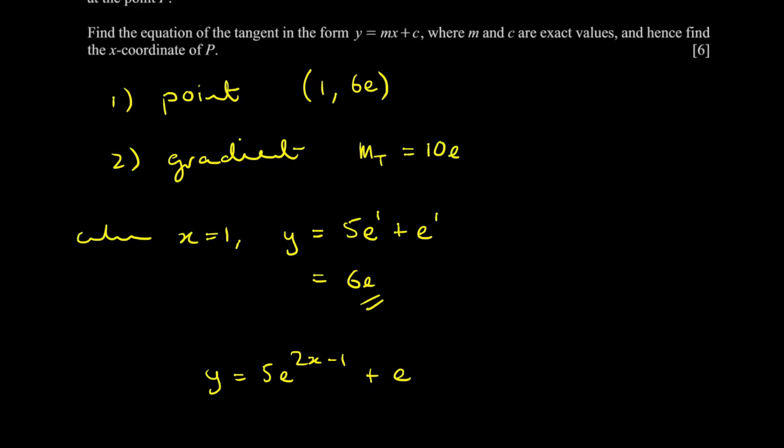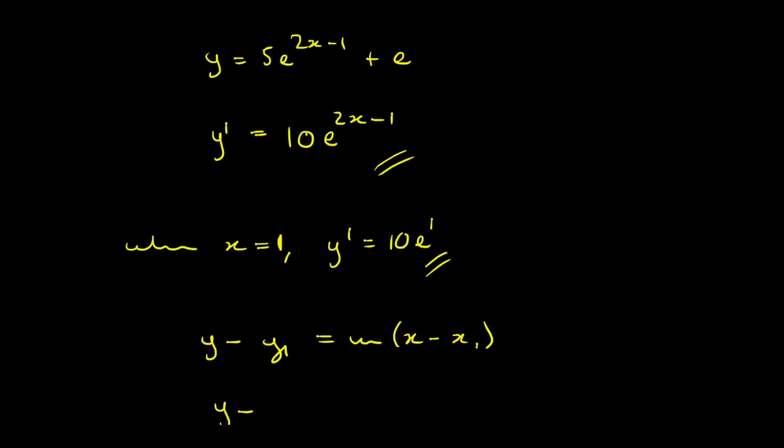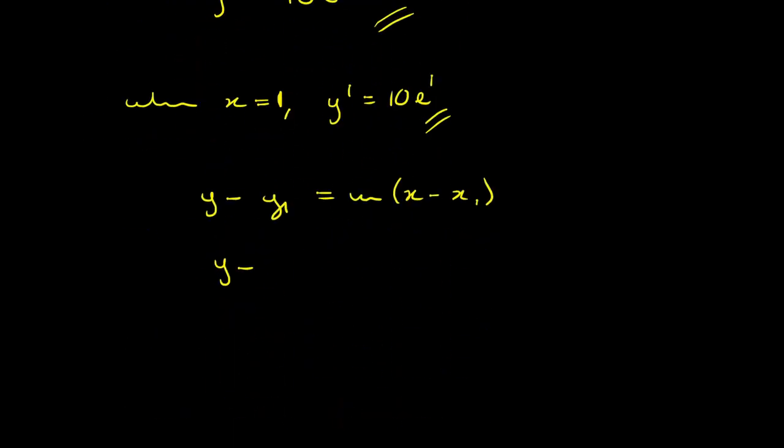Okay, so how are we going to get the equation of the line? Well, we use the form y minus y1 is equal to m(x minus x1). So our y1 value was, what was it? 6e. So we get y minus 6e is equal to 10e(x minus 1).